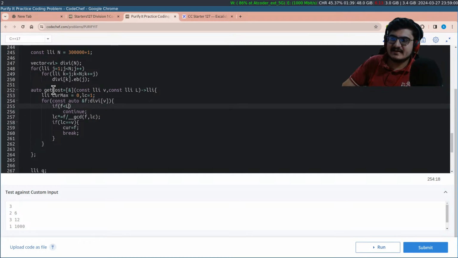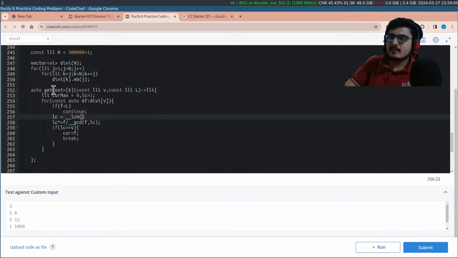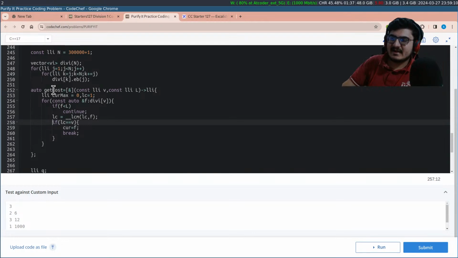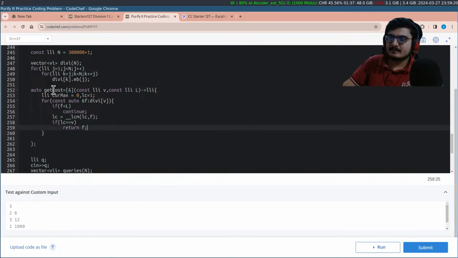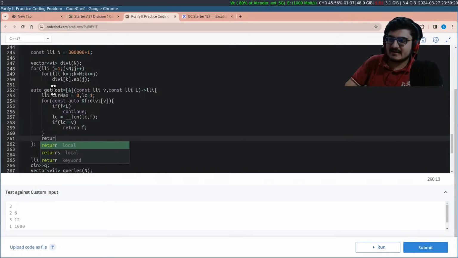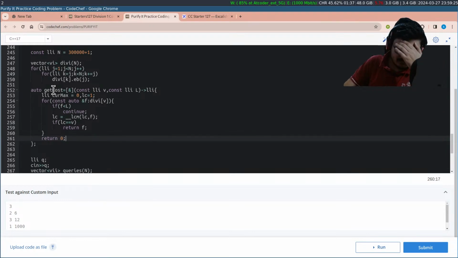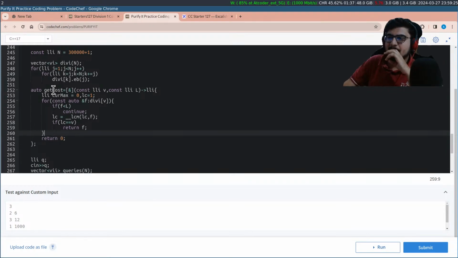If the number is less than L, we ignore it. Otherwise, we update LC as the LCM, and if LC becomes equal to V, we return the max we have got. Otherwise, let's say if it's impossible, I will return 0. No hard constraints on it.